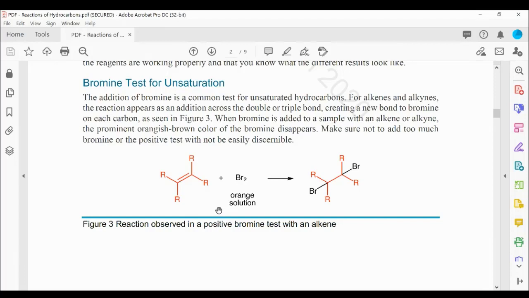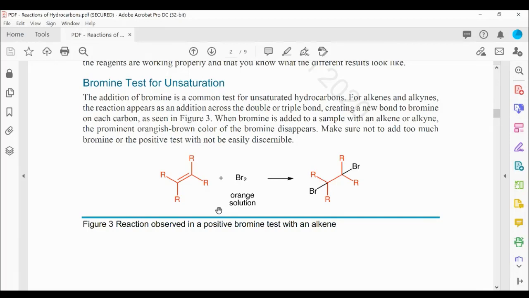So remember, you want to know if you have a double bond or a triple bond, but not an aromatic, only a double bond or a triple bond. Bromine will react with aromatics, but in a different pathway. It requires a catalyst. For the purpose of this reaction, it will be a negative.